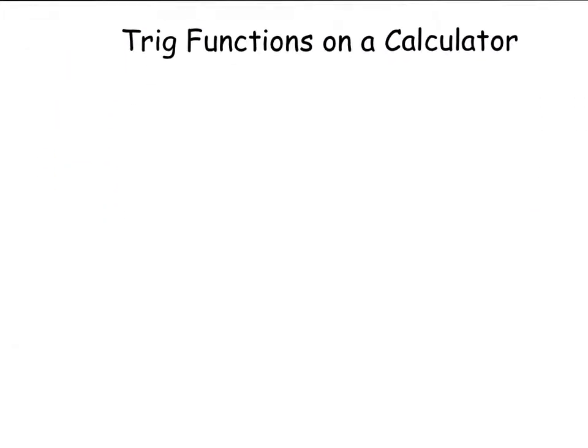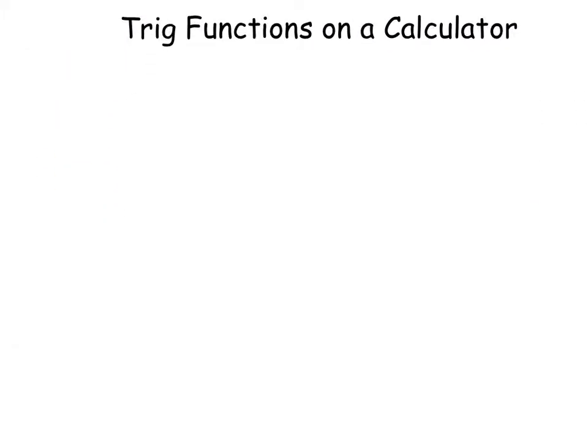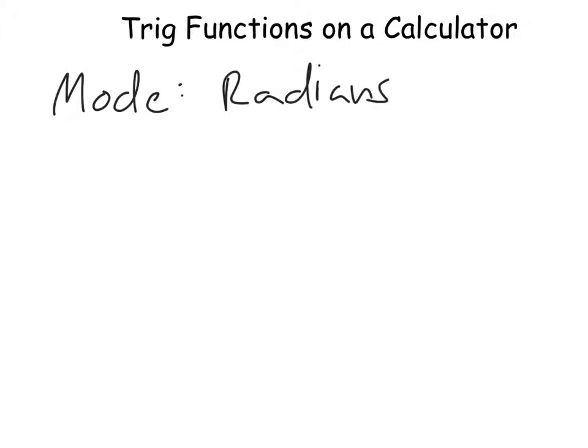A quick word on your calculator with trig functions. It's pretty straightforward. I don't have a calculator screencast to show you right now, but just a couple of important notes. Under the mode button, be really good about checking to see: are you in radians or degrees?